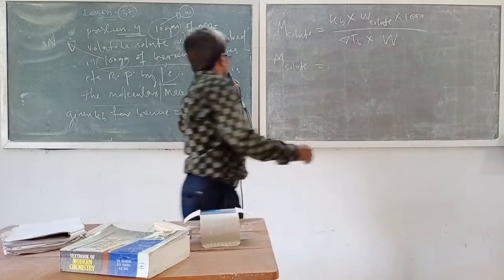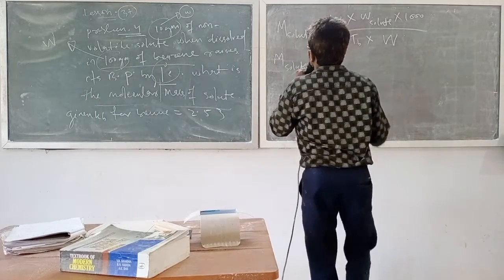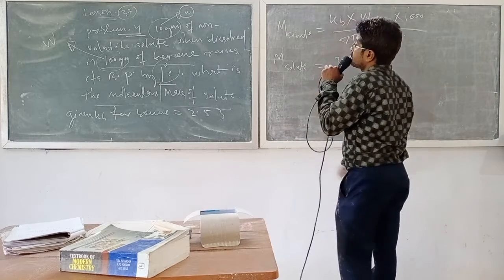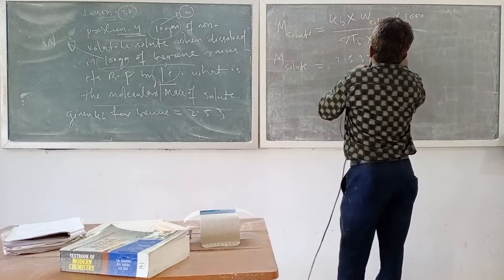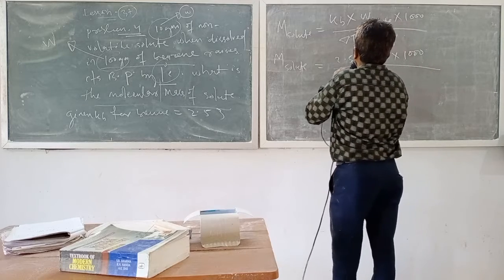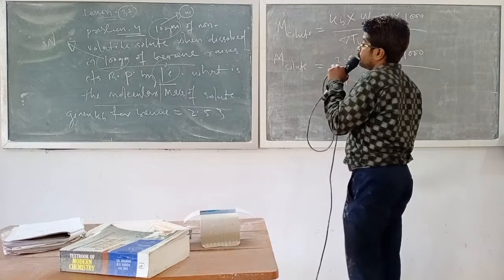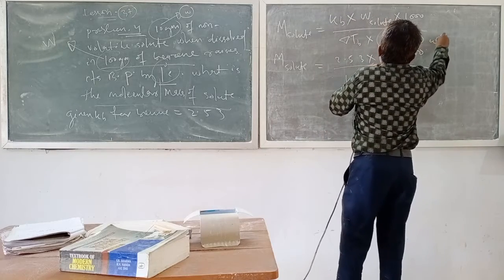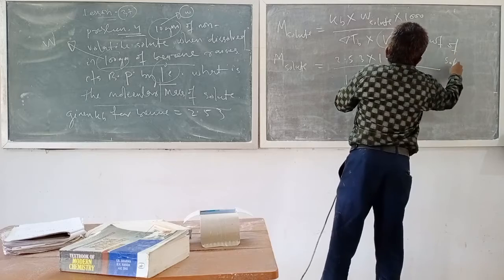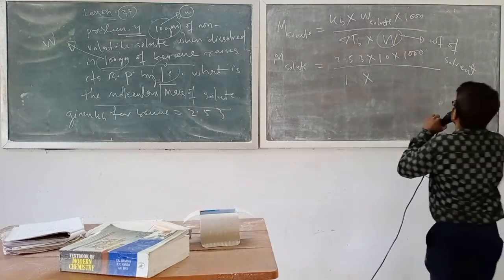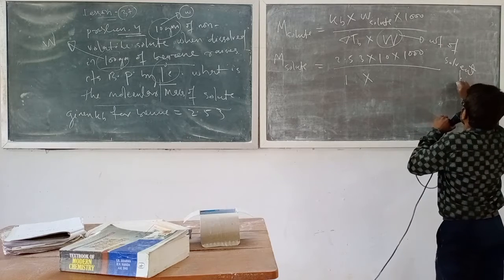So by putting the value of Kb, that is 2.53, the weight of the solute is 10 gram. 10 into 1000 divided by delta TB, 1 degree Celsius, into the weight of the solvent. Here the solvent is your benzene.